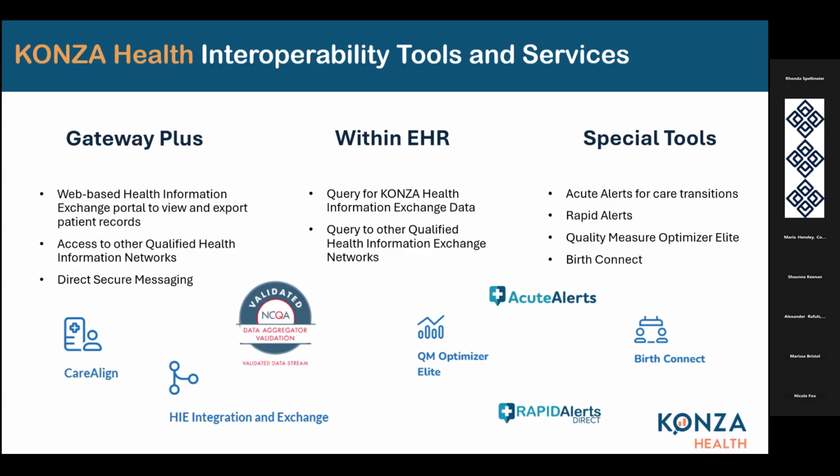So we'll talk a little bit more about Quality Measure Optimizer Elite, just call that QMOE. And then we're going to talk about Birth Connect, which is probably the one that's near and dear to my heart because it is intended to improve maternal health and reduce mortality and morbidity.